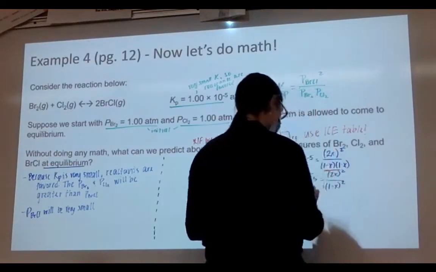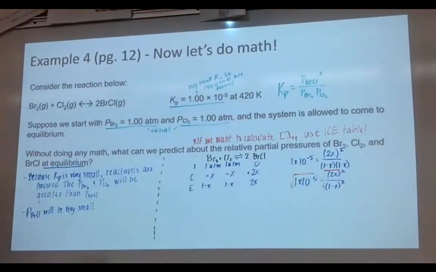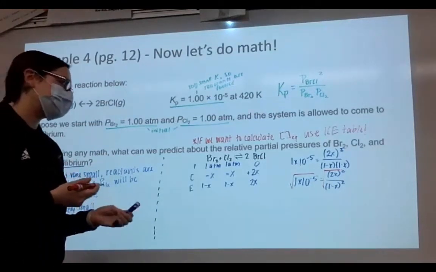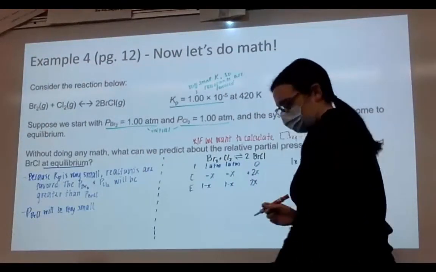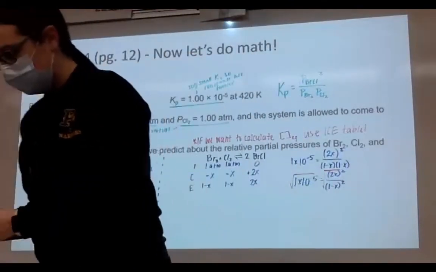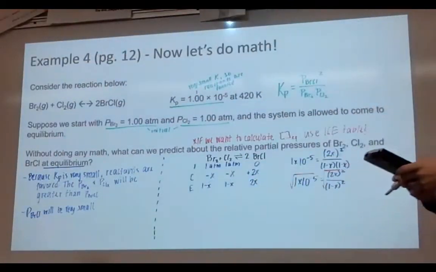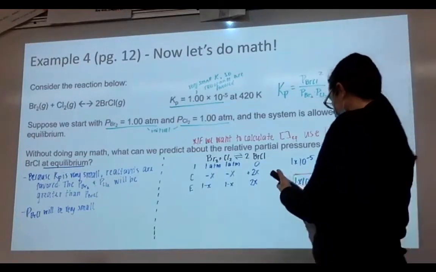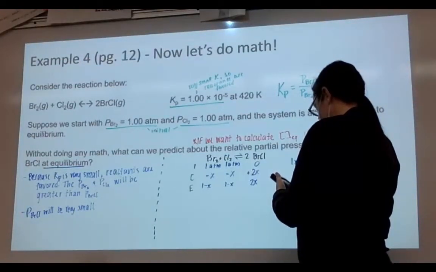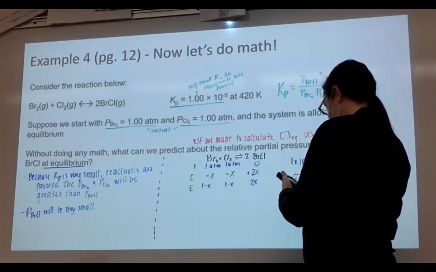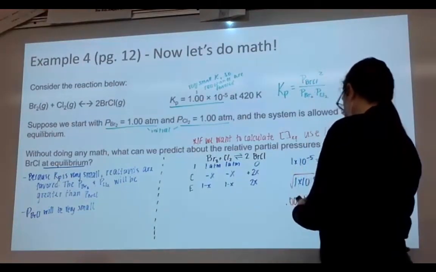Take the square root of both sides. When I take the square root of both sides, what's this? Square root of 1e negative 5 is 0.003162.